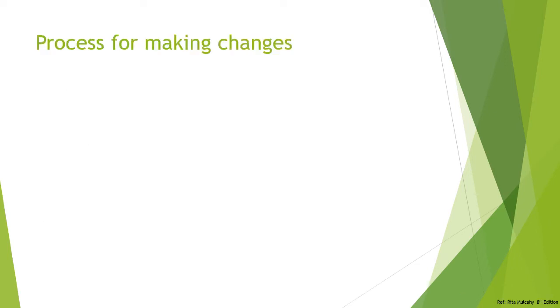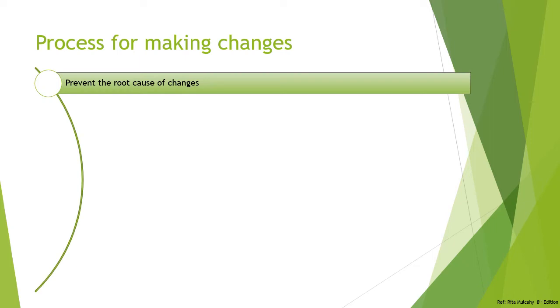Okay, so now that you have got a fair idea about how to deal with changes, let's have a look at the processes in detail on how to make changes on the project, right? The first point is project managers should always focus on preventing the root cause of changes. We have already discussed that project managers should not only focus on managing the changes but proactively eliminate the need for changes.